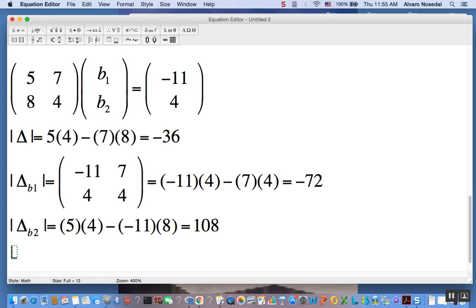Finally, because our ultimate goal is finding the solution for this system of linear equations, right? So B1 is going to be defined as follows.